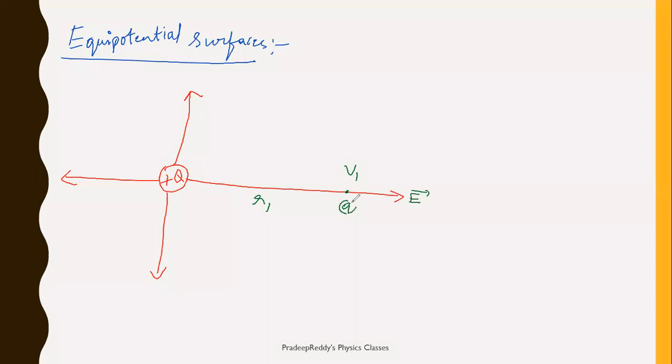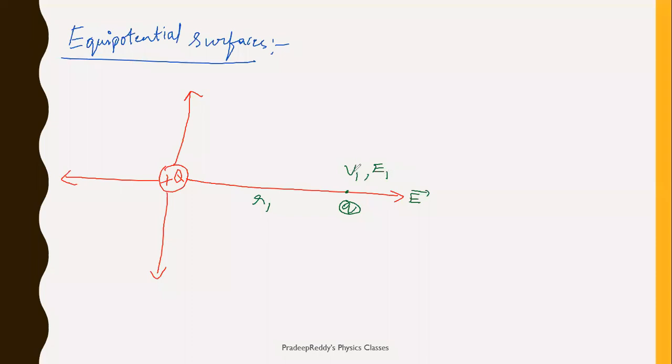Now this test charge is at a distance r1 from the capital Q charge. At this particular point, you have some potential, that is V1, and obviously there will be some field over here, that is E1.